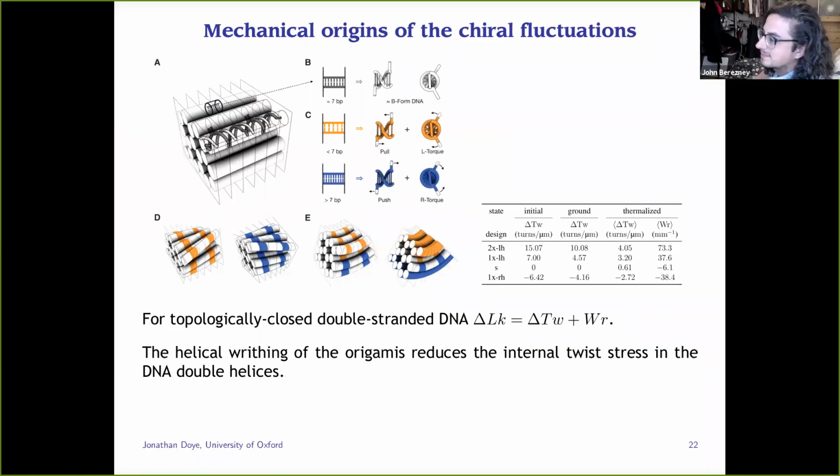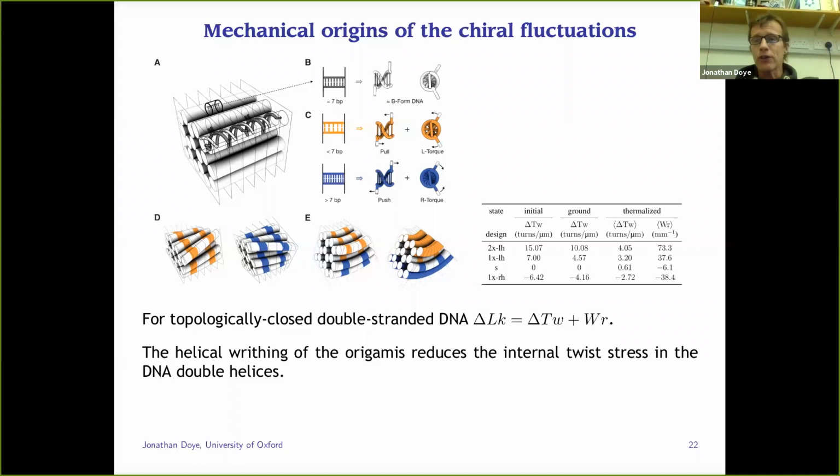What's happening is that because you've got internal stresses in your origami, these are causing it to fluctuate in a chiral manner. What I've tried to explain is why the chirality of the fluctuations, which basically adopt a shape like a helix, has the opposite handedness to their internal twist, the twist of the actual particles.